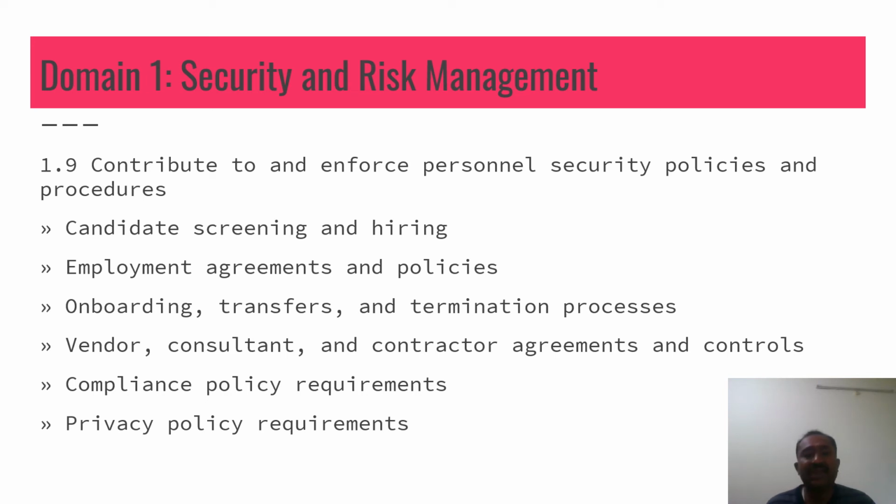The next one, contribute to and enforce personnel security policies and procedures. It covers candidate screening and hiring, employment agreements and policies, onboarding, transfers and termination processes, vendor, consultant, and contractor agreements and controls, compliance policy requirements, and privacy policy requirements.